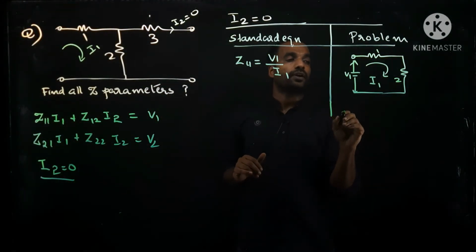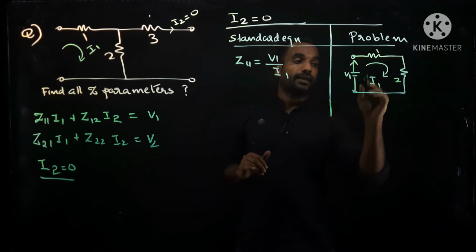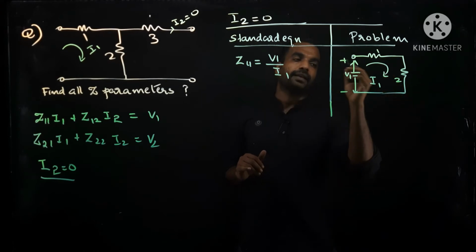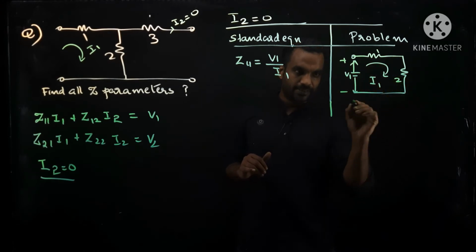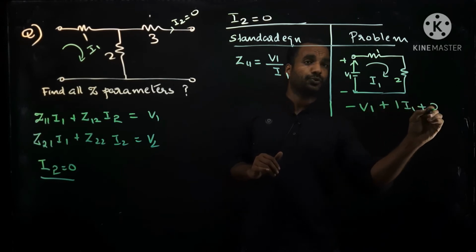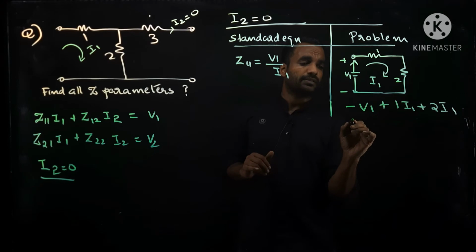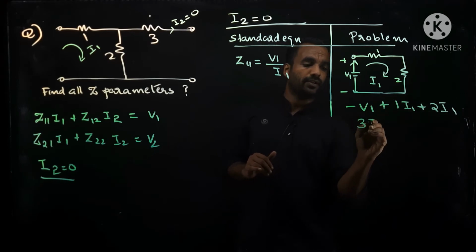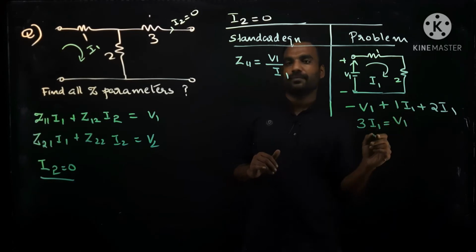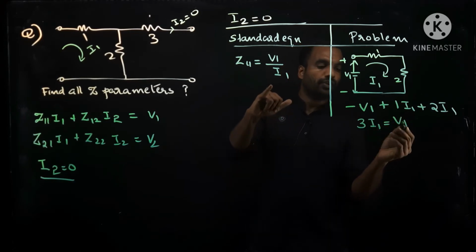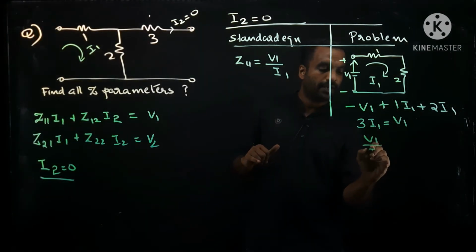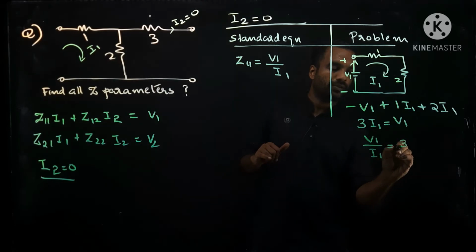So from the circuit, if I apply KVL, I can write, this is the direction, so minus V1 plus 1 into I1 plus 2 into I1, that is equal to 1 plus 2, 3I1 is equal to V1, and V1 by I1 is equal to 3.